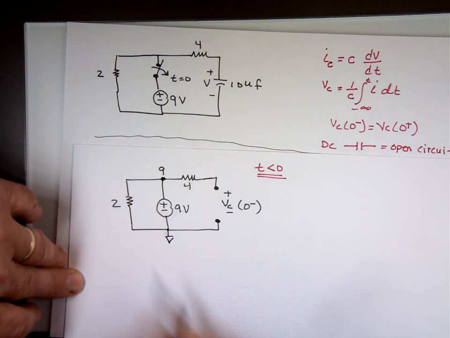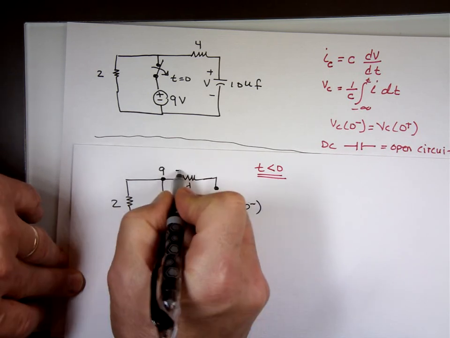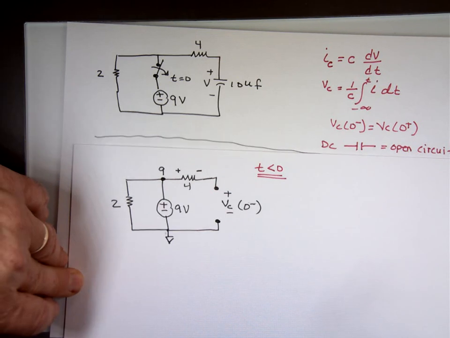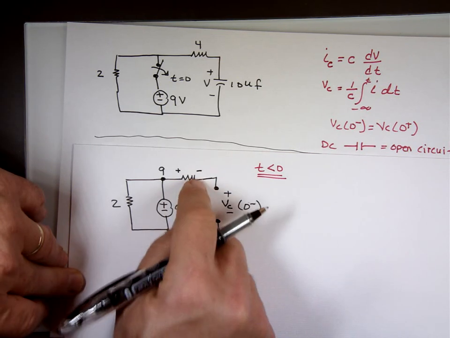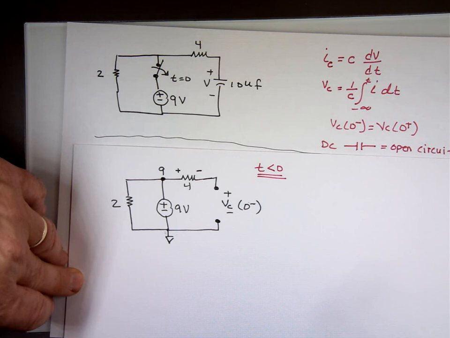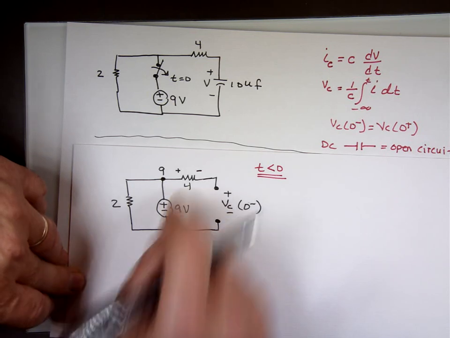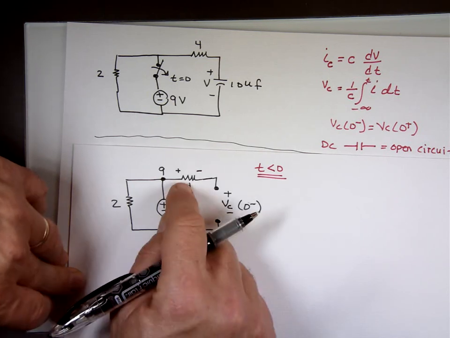Let's calculate the voltage right here. What's the voltage drop across the 4 ohm resistor? Not 9 minus VC, just the voltage here. Ohm's law: what's the drop? Isn't voltage equals R times I? Yeah.